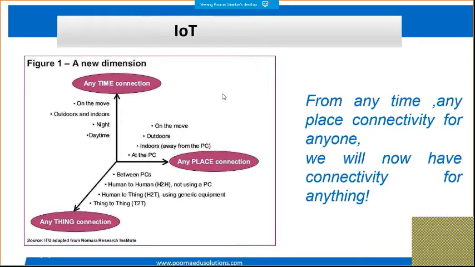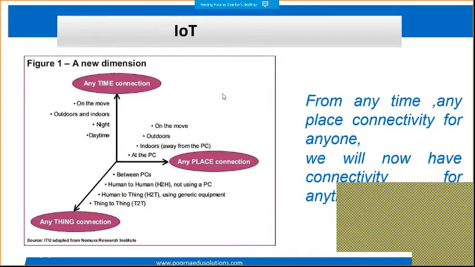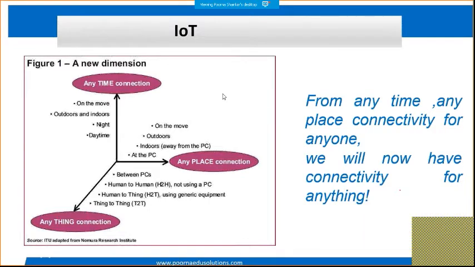Then third is any place connection. If we just have Internet, it is enough. You would have heard about the automated car, the unmanned vehicle Tesla. There also IoT is predominantly used, with sensors and actuators connected to Internet.